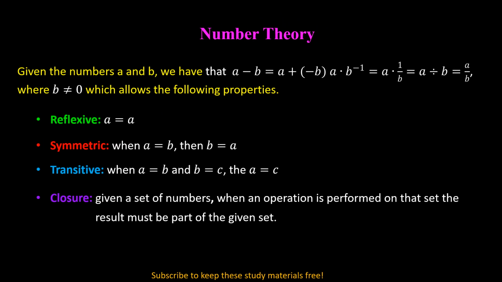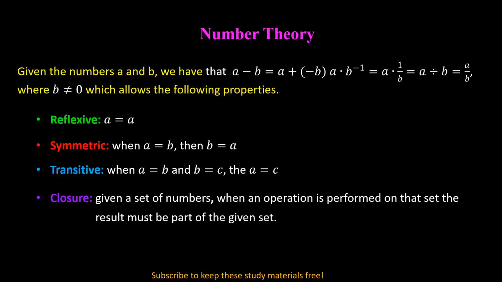Okay, the next set of items are reflexive, symmetric, transitive, and closure. These ideas are kind of a modern algebra concept, modern algebraic if you took these courses in college. But they're not difficult to understand.